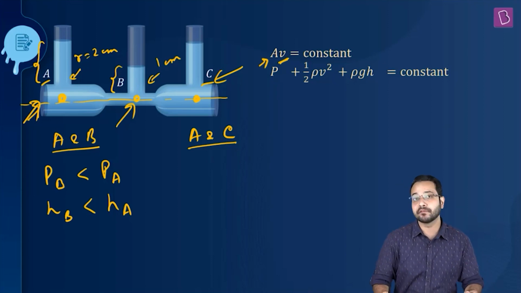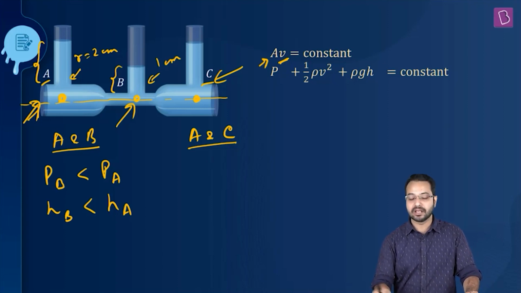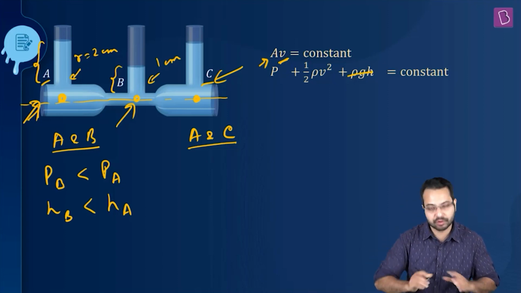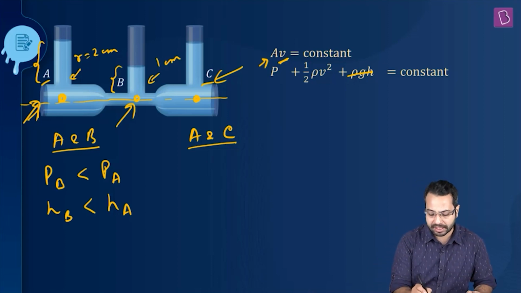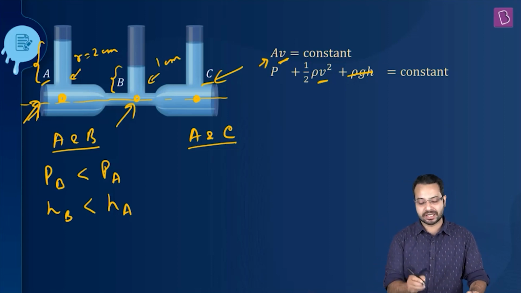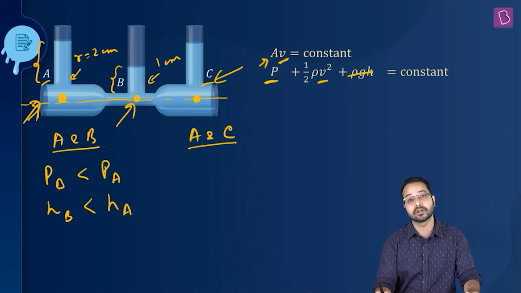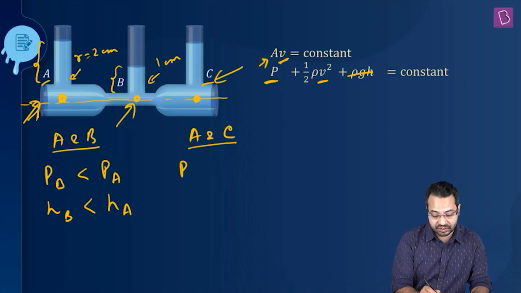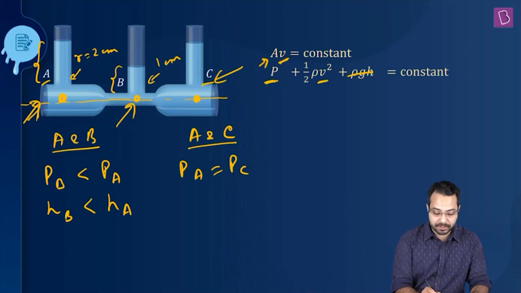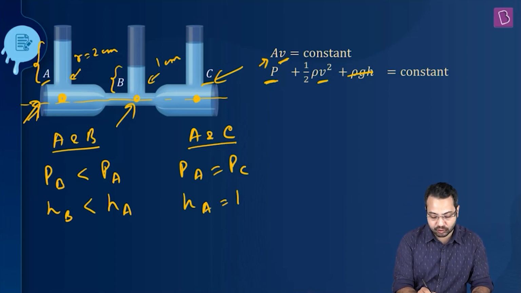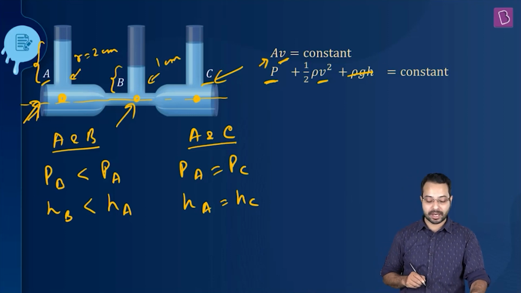The speed of fluid at C is going to be the same as the speed of fluid at point A, and rho g h is already neglected. If speed is constant, then pressure also has to be constant, which means pressure at A has to be equal to pressure at C, which means that the height of column at A has to be the same as the height of column at C.